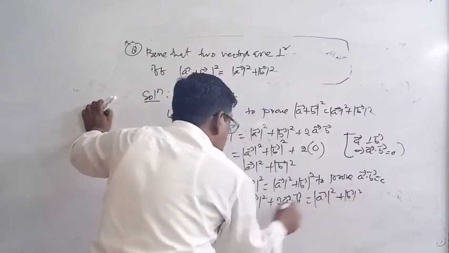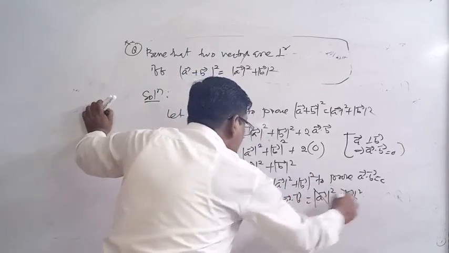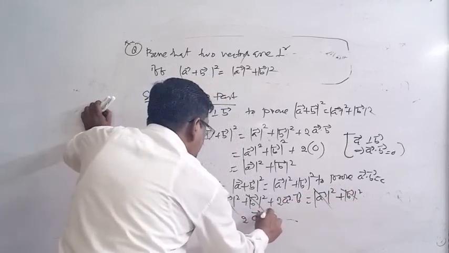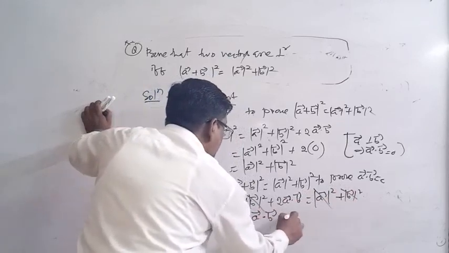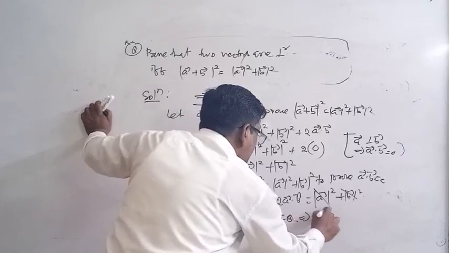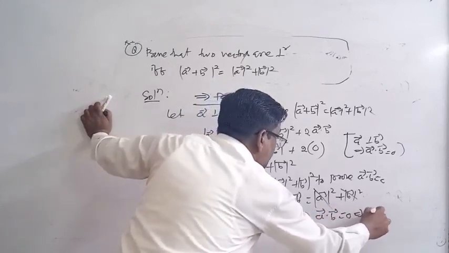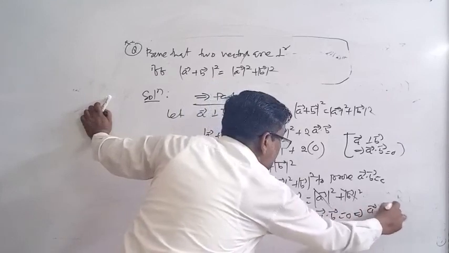This cancels and this cancels. So 2 into A dot B is equal to 0. That implies A dot B is equal to 0, which implies A is perpendicular to B.